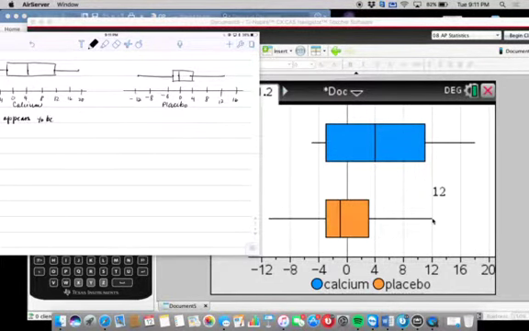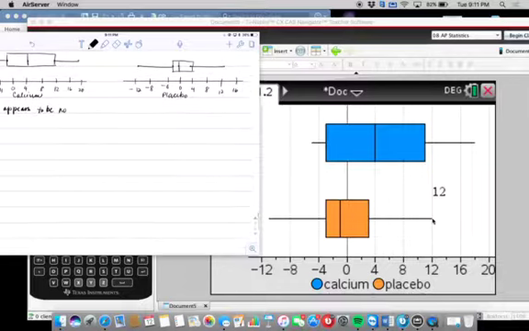So we just write there appears to be no extreme outliers or skewness in each box plot. Okay, so we can go ahead and continue.